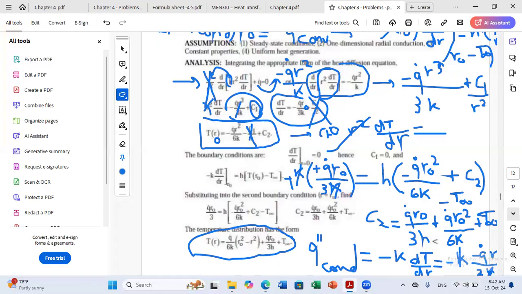And if you want to get the rate, you multiply by the area. And the area at each location is pi D square, that is 4 pi R squared. Okay, so I'll open a new session.